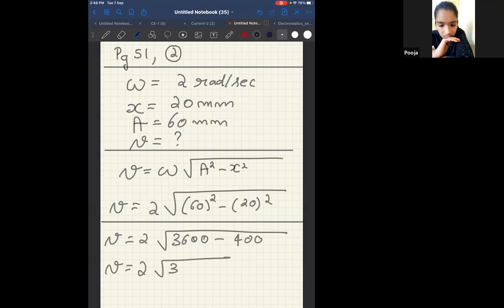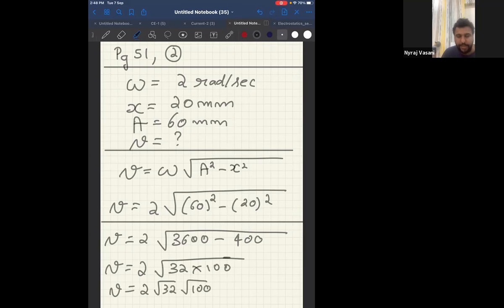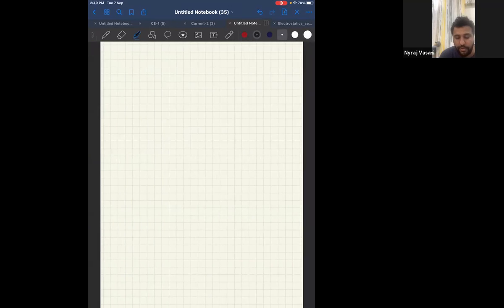3200. Correct? Can I write 3200 as 32 into 100? Yes, sir. Or can I write V equal to 2 into square root of 32 into square root of 100? Okay. Now, please look at the screen. 2 into square root of 32 into square root of 100, correct?